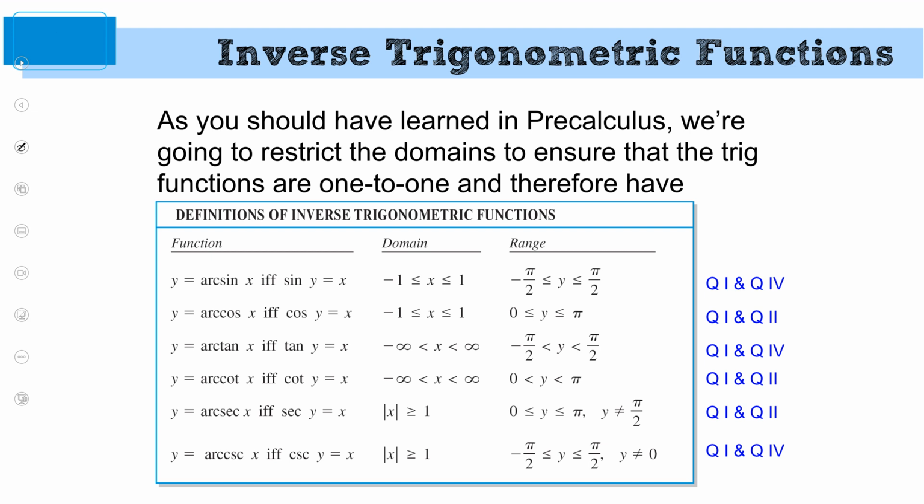The quadrant restrictions are over on the right. Notice, you always get an answer in quadrant 1. That makes us happy. Number 2, you never get an answer in quadrant 3, as verboten. So therefore, the other quadrant comes from the negative sign of the function. Does that make sense?